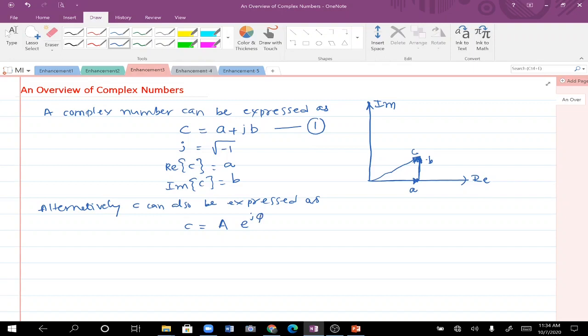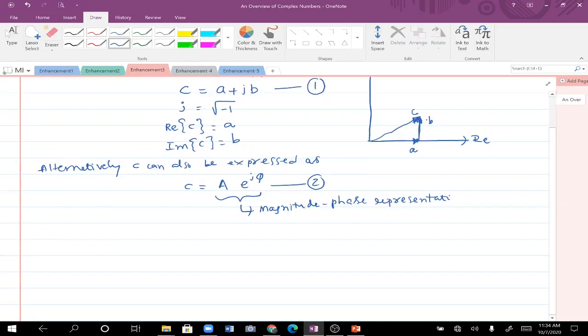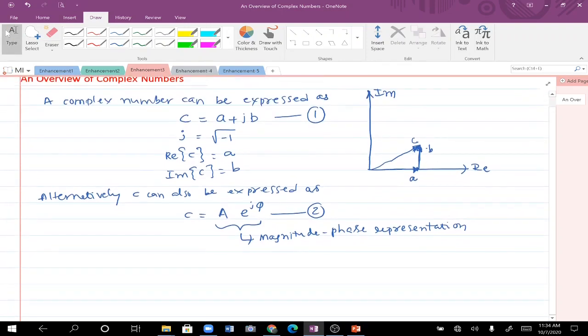This is also referred to as the magnitude-phase representation. Let's come back to this diagram here. The magnitude of this would be given by A, and this angle is denoted by phi.